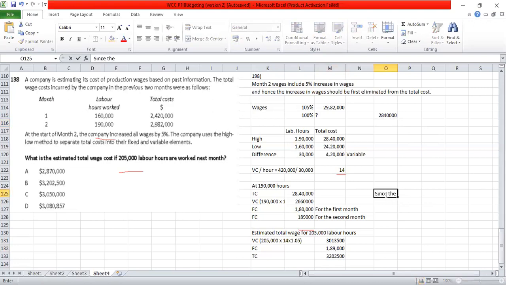Since the total wage was increased by 5%, variable cost also increases by 5%.